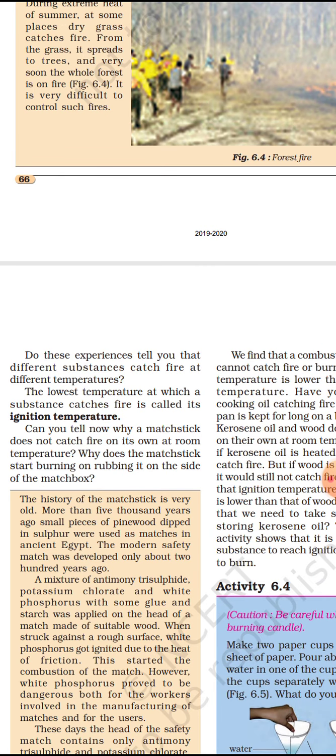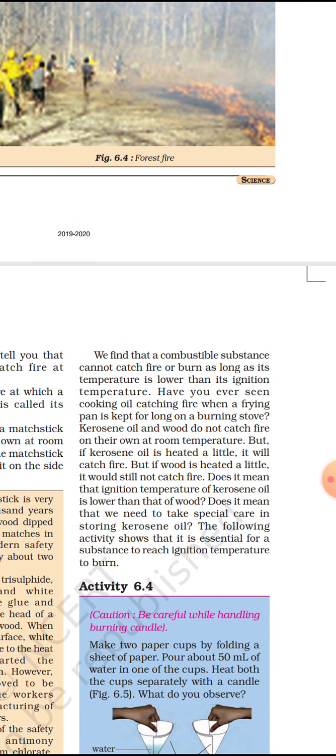The lowest temperature at which a substance catches fire, we call it the ignition temperature. Now, can you tell why a matchstick does not catch fire on its own at room temperature? Only when it is rubbed on the side of the matchbox does it start burning, because a combustible substance cannot catch fire or burn as long as its temperature is lower than its ignition temperature.